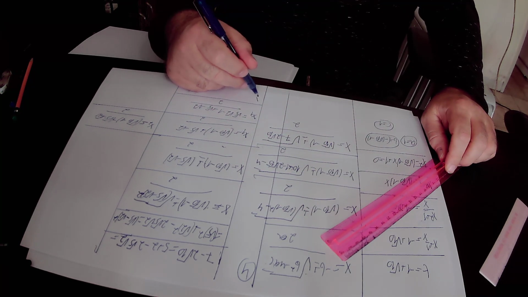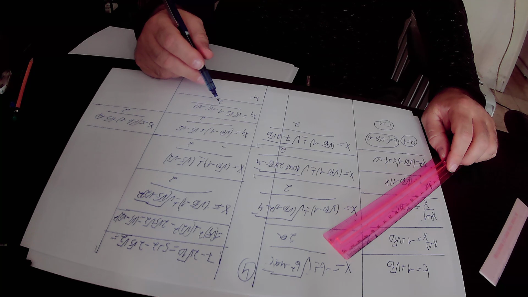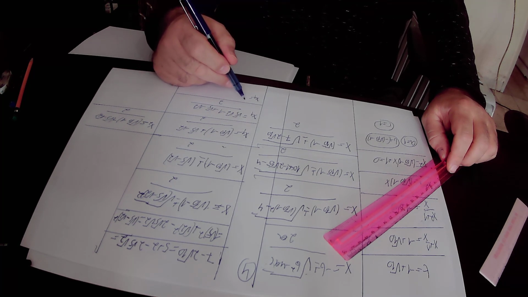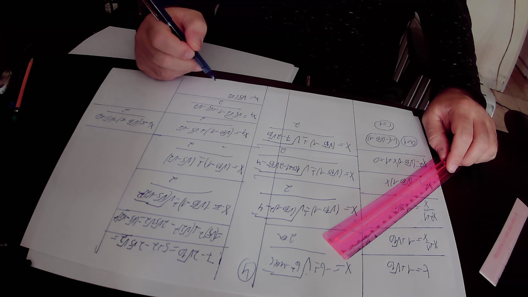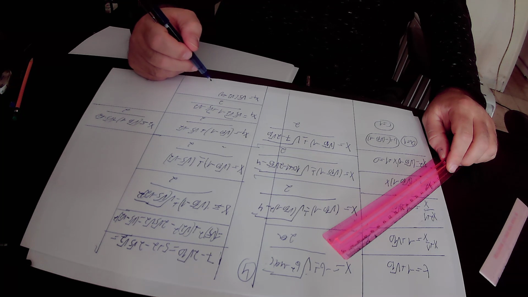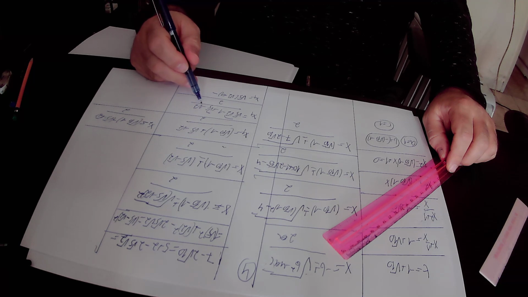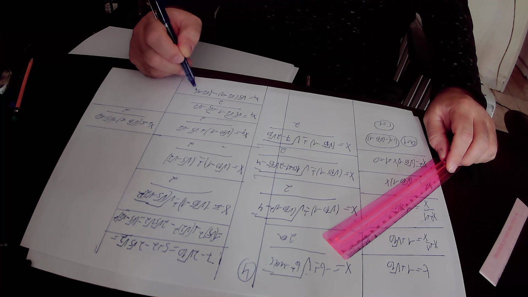So x1 equals, here we take square root of 5 as a common factor out of this expression. So square root of 5 is a common factor, and inside the brackets we will have square root of 2 plus 1, minus, here we take minus 1 as a common factor out of these two expressions, and inside the brackets we will have square root of 2 plus 1, all divided by 2.